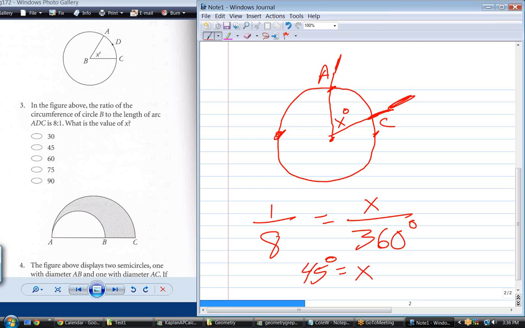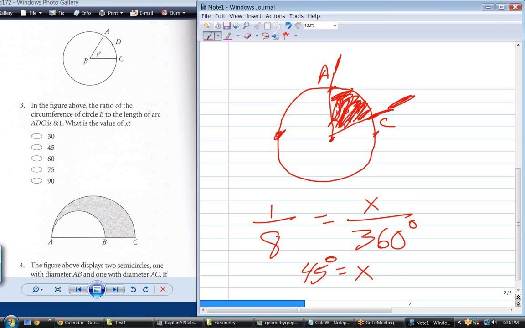Okay. Now, let's talk about that a little bit further. The same thing applies if I wanted the ratio of the area. This thing is called a sector. When you break up a circle like this, from the center to the circumference, you have a sector.